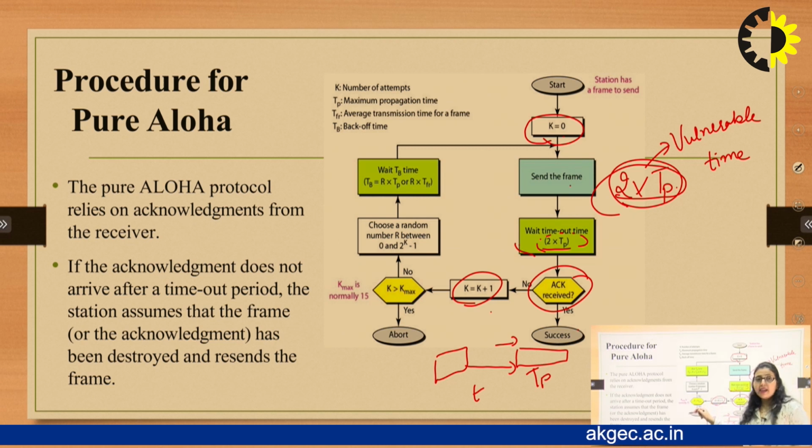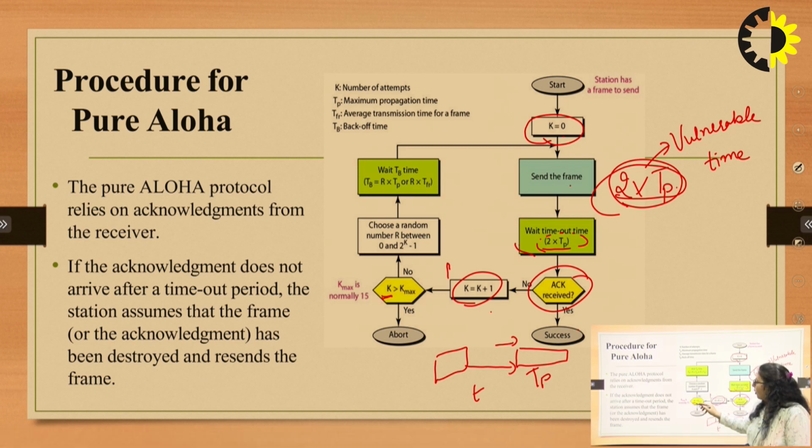Here k is the number of attempts and the maximum value for k is 15, which means any station can attempt up to 15 times only. If attempts exceed 15, then it needs to wait for a longer time to transmit the data again. Suppose k was 0 and now k is 1, and k max is 15, so k is still smaller.